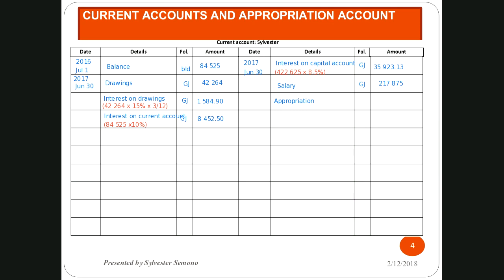So that profit is 19915,825. They say we need to divide this amongst the partners in the ratio 3:2. So meaning for Sylvester, it's going to be 3 divided by 5. Hope everyone knows how to use the ratios. And then we must also record this in the GJ.